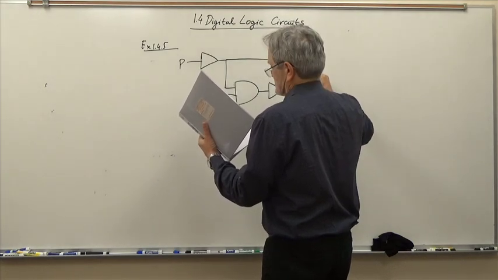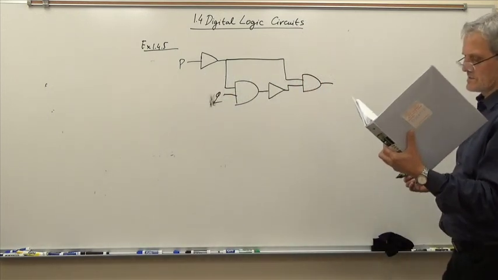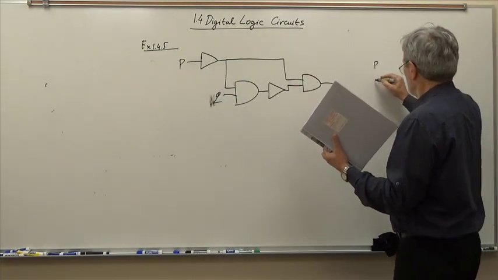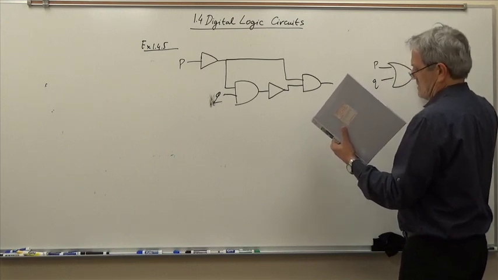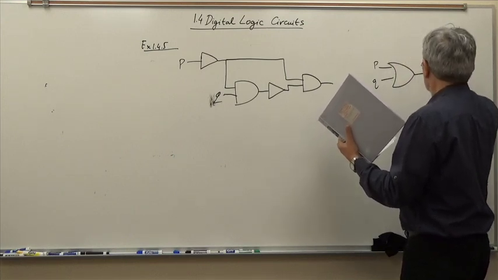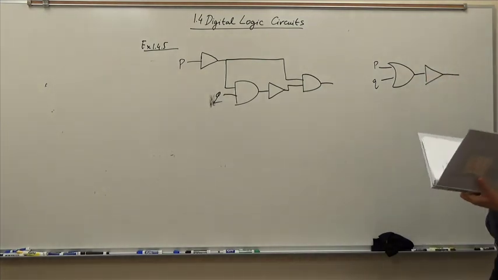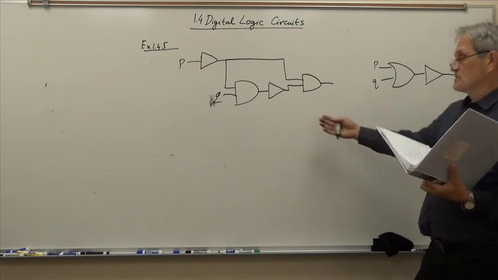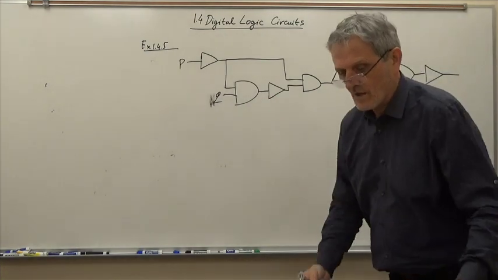So here it is. And then I have AND again. So here is one circuit. And here is the other one, PQ. And then the inverter. So obviously, if they do the same job, you would rather use this circuit because it's much less expensive to construct.